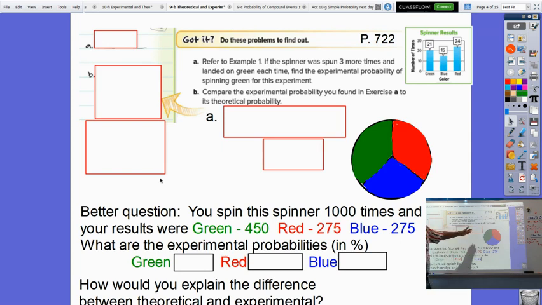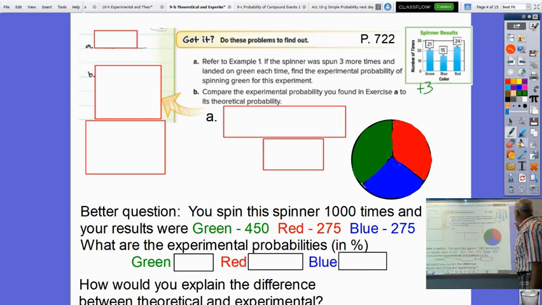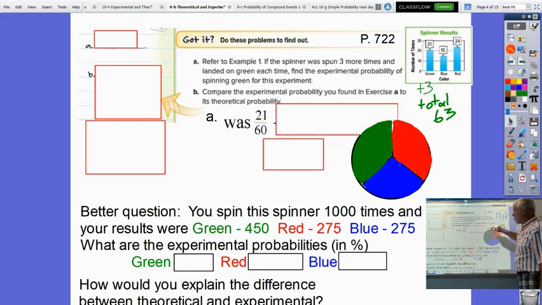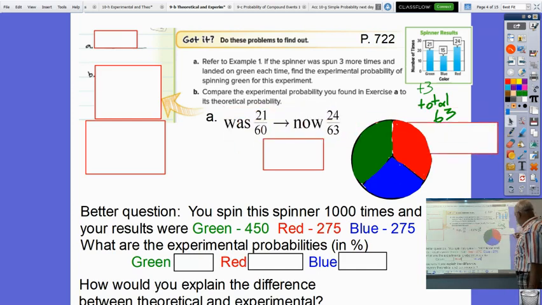Well, 3 more times means you've now spun this wheel 63 times, because you added 3 more greens. So plus 3 in green means the total now is 63 trials. It was 21 out of 60, and now it's 24 out of 63.